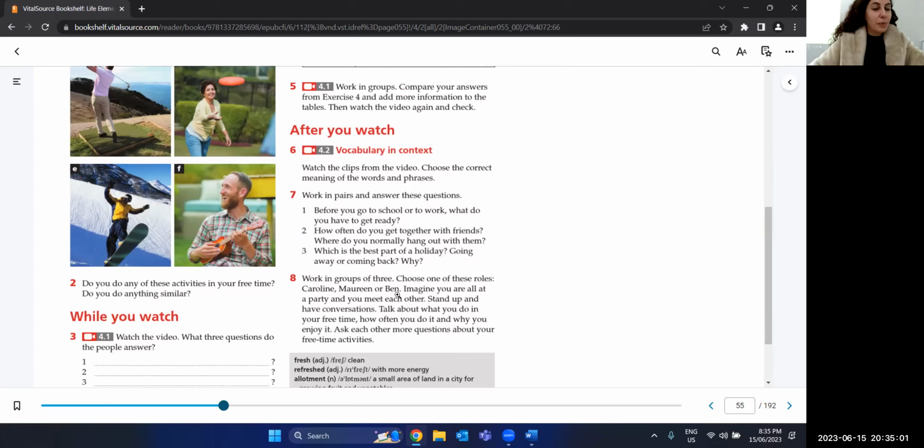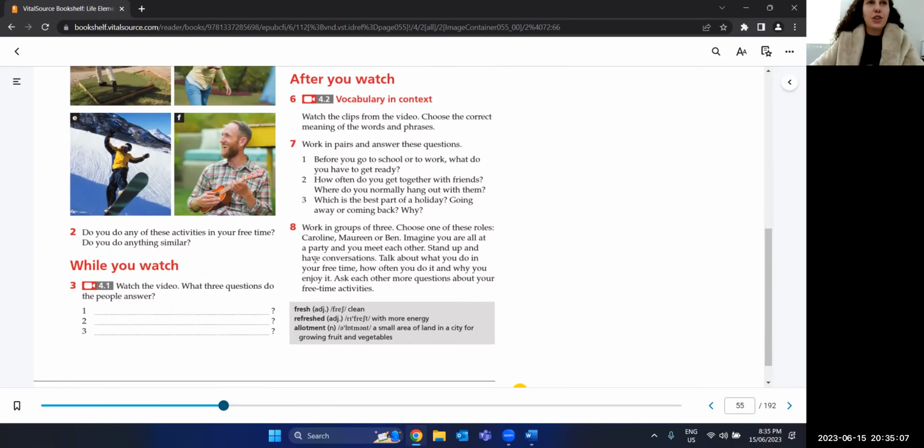Just because you're a boy, you don't have to pick Ben. If you want, you can pretend to be Caroline or Maureen. Now imagine you are at a party and you meet each other. You don't know each other, because when you meet someone, you meet each other. Stand up and have a conversation. Talk about what you do in your free time, how often you do it, and why.